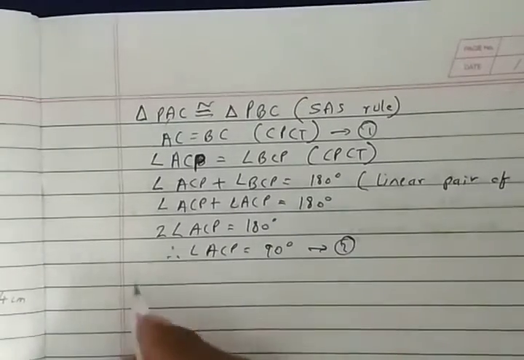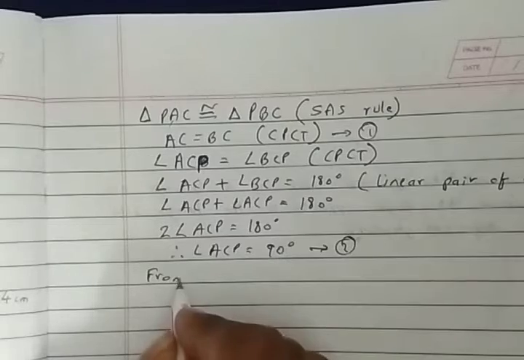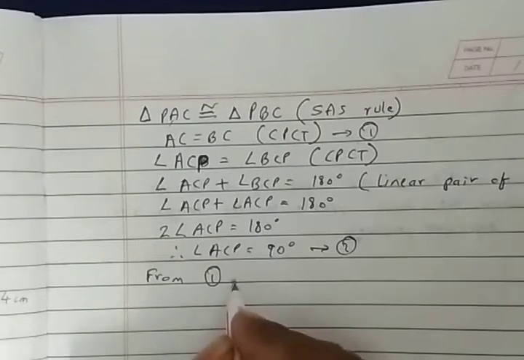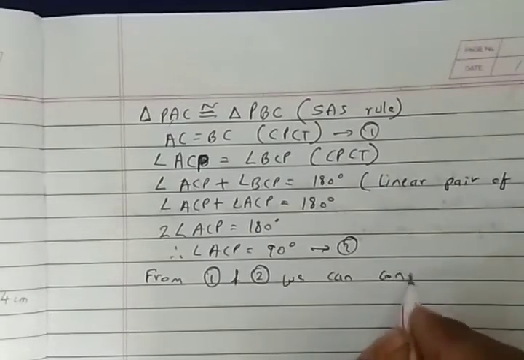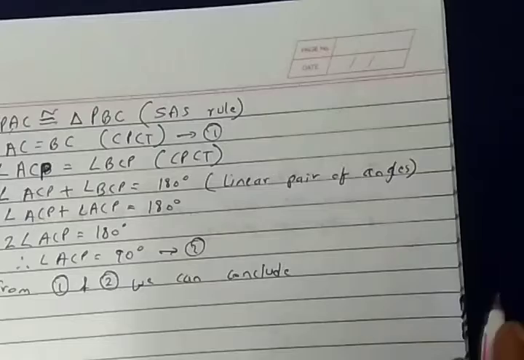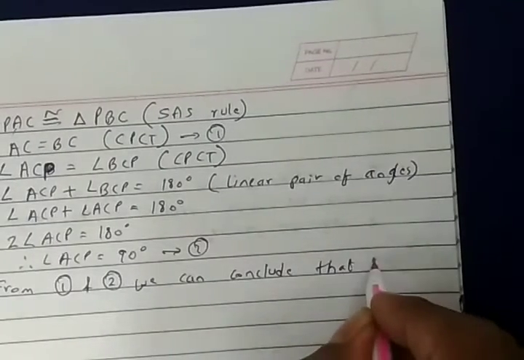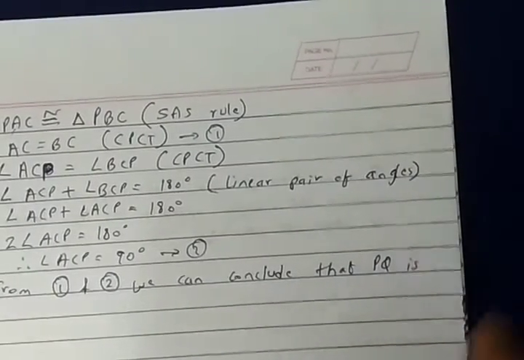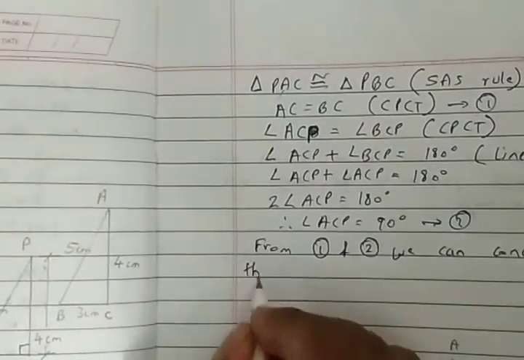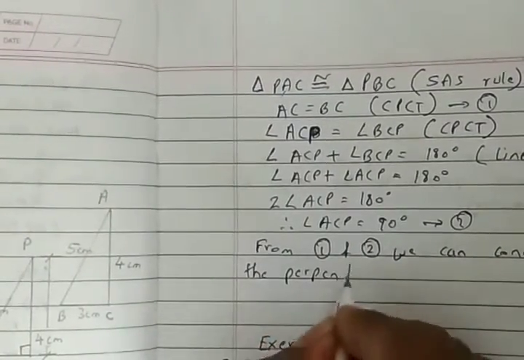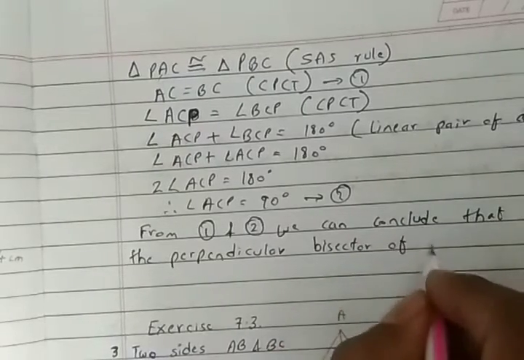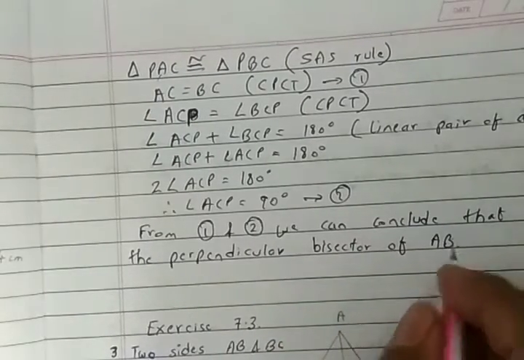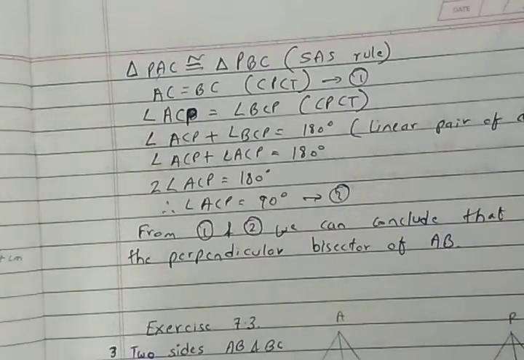So now you can write that from equation number 1 and 2 we can conclude that PQ is the perpendicular bisector of AB. Okay, we have proved this now.